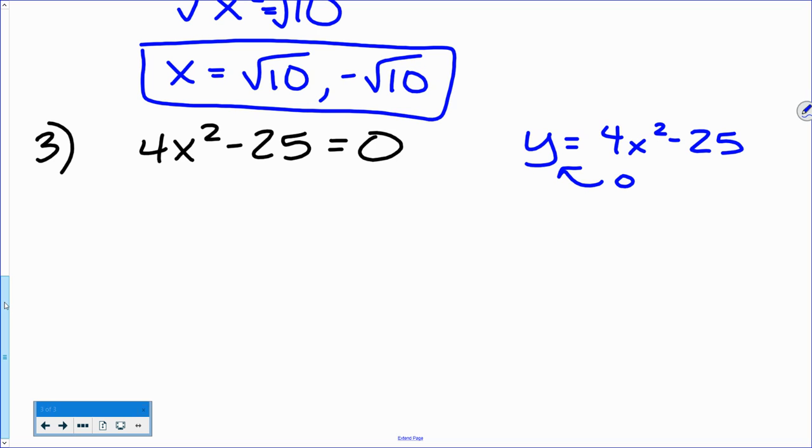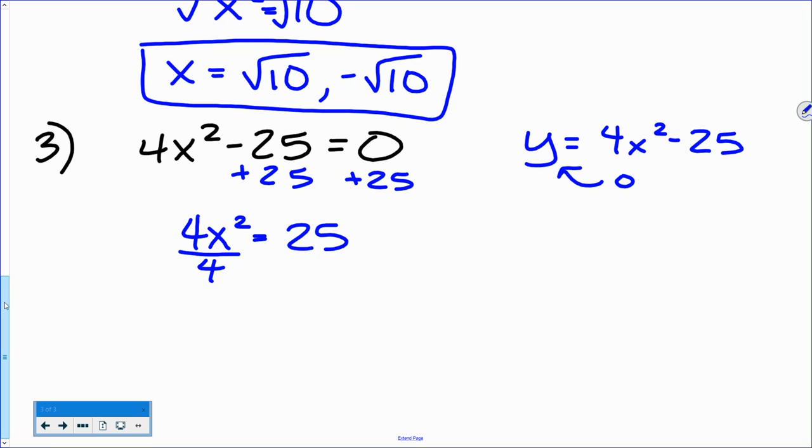All right, but I still need to get my x squared by itself, so I've got 4x squared equals 25. Divide both sides by 4.